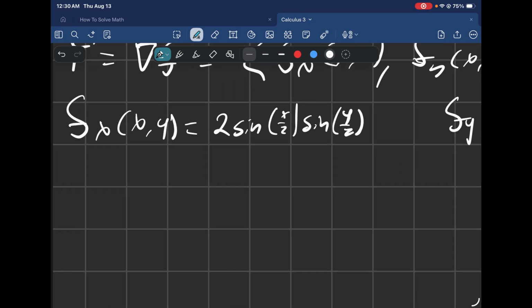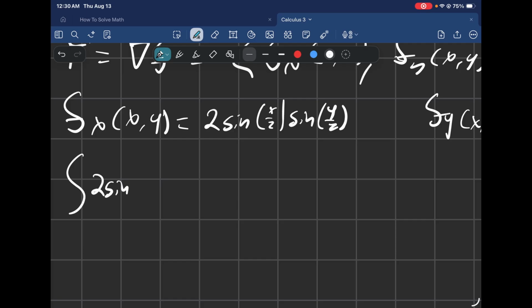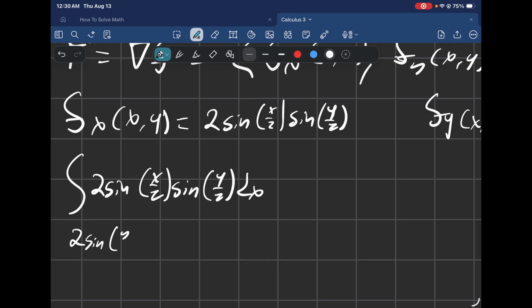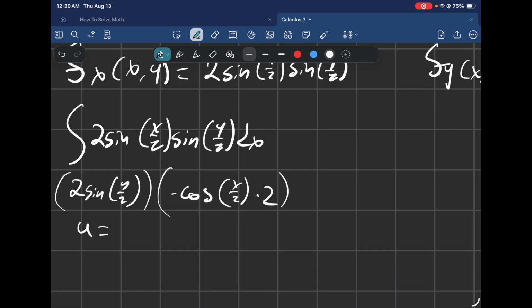So let's solve for the integral of 2 sine x over 2 sine of y over 2 with respect to x. We can take out the stuff that will be treated as a constant and then multiply that by negative cos of x over 2 times 2. And the reason is because if we were to call x over 2 u and du is 1/2 dx, then in order to have dx by itself, we'd get 2 times du is equal to 1 dx.